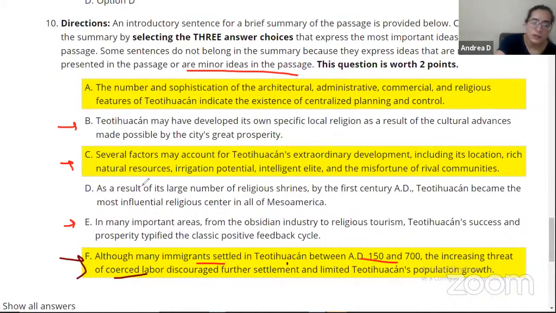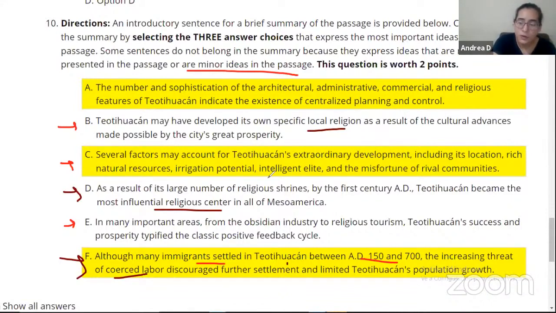Now, if you see something that's only about the religious shrines, it probably won't be that one either. It's just about religion. Or B, for example, that it's about, again, just religion. Teotihuacan may have developed its own specific local religion as a result of the cultural advances made possible by the city's great prosperity.